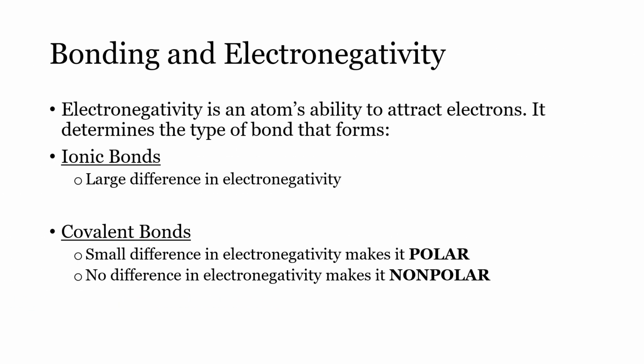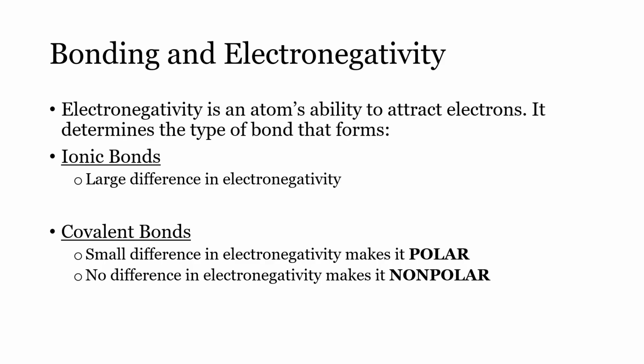Now, talking about bonding and electronegativity. All right, electronegativity is an atom's ability to attract electrons. It is really what determines the type of bond that forms. Our ionic bonds have a really large difference in electronegativity. If we remember back to our unit 3, fluorine had the highest electronegativity, while francium had the lowest.